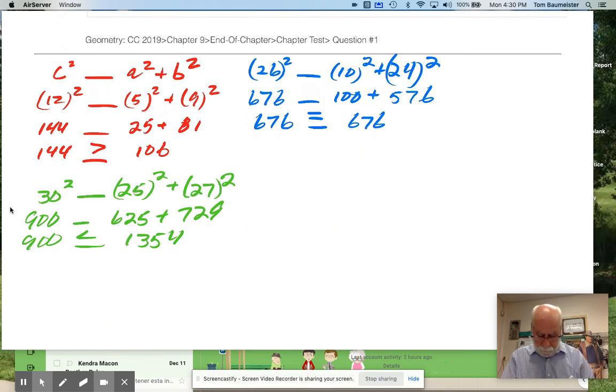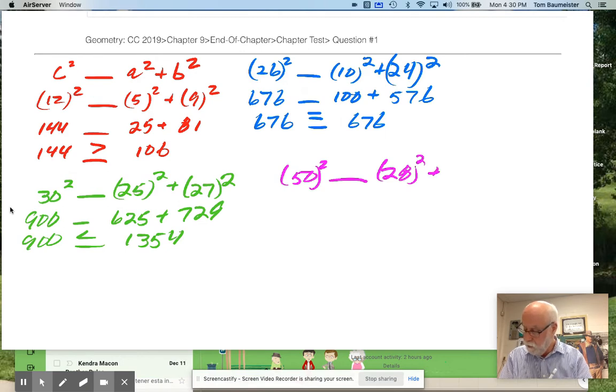And our last one is 50 squared. Again, blank, and 28 squared plus 45 squared. On this one, we'll have 2,500, and we'll have 784 plus 2025.